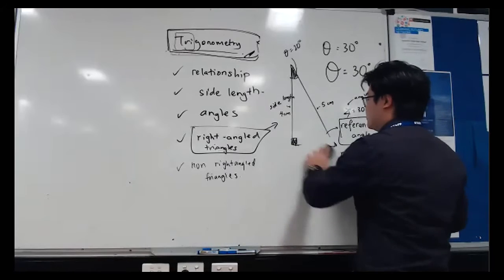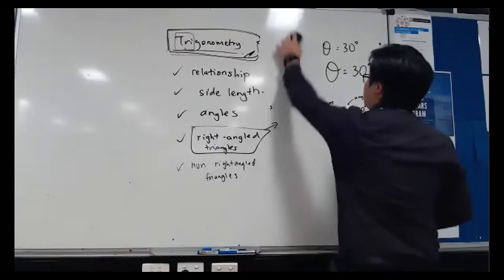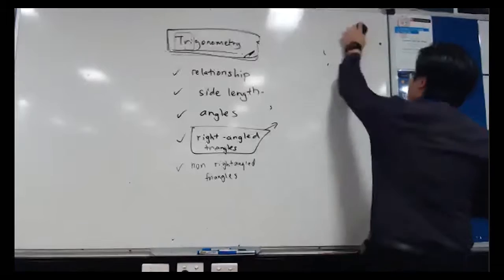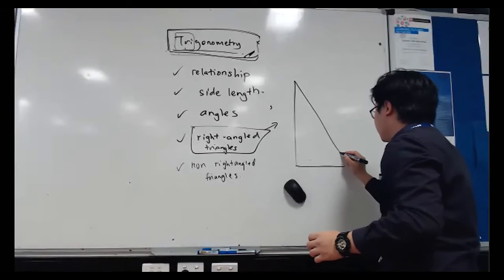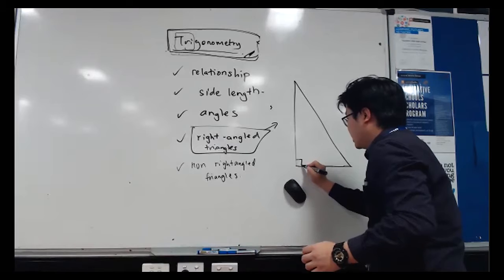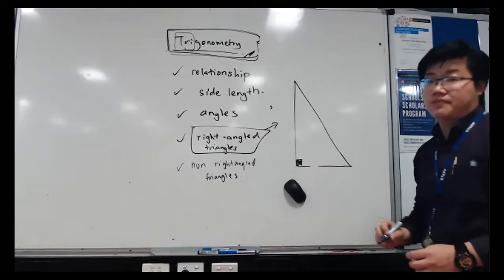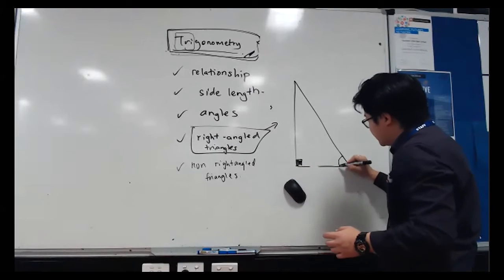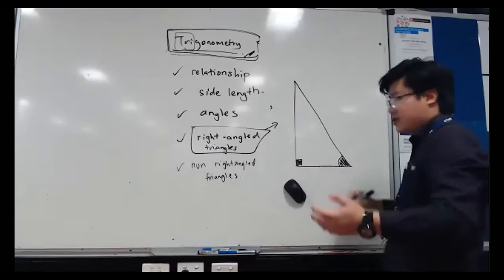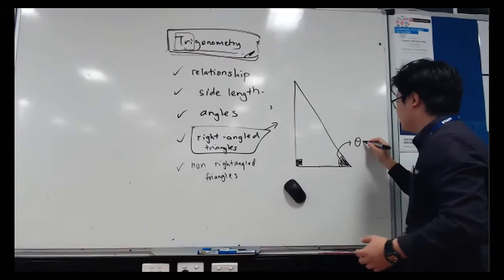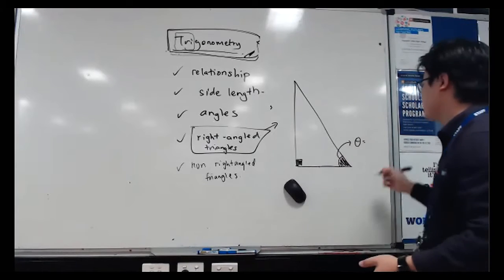I'm just going to rub this right angle triangle away and draw a fresh one. Now, if my right angle is right there, and my reference angle is right there, let's not worry about how many degrees that is. Let's put a theta there equal to whatever degrees.